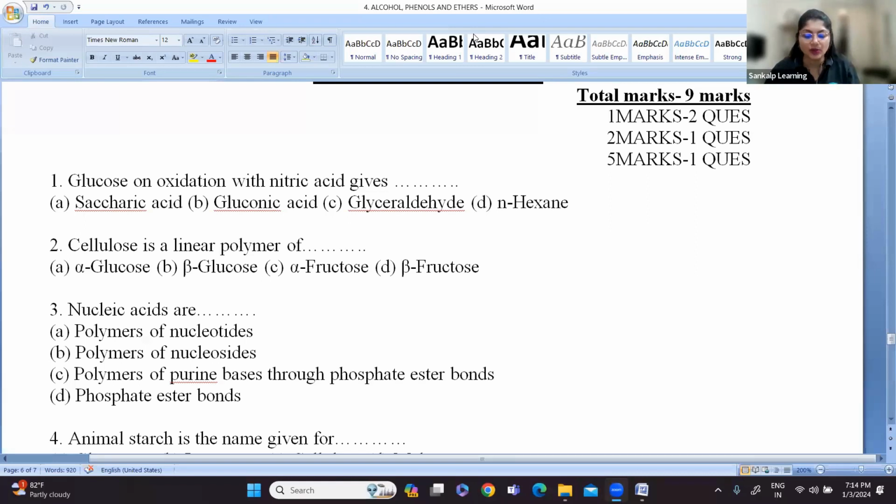This is a question from the structural elucidation of glucose, right? The options are A, saccharic acid, B, gluconic acid, C, glyceraldehyde, and D, N-hexane.